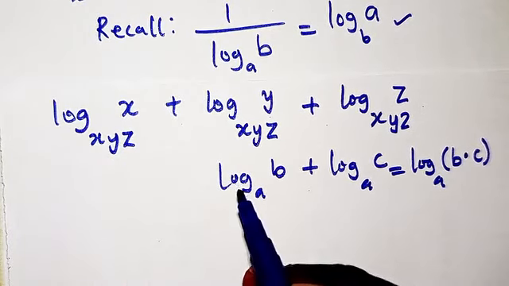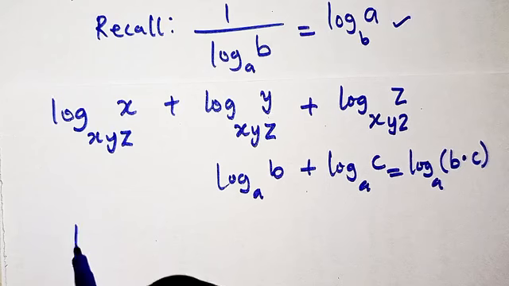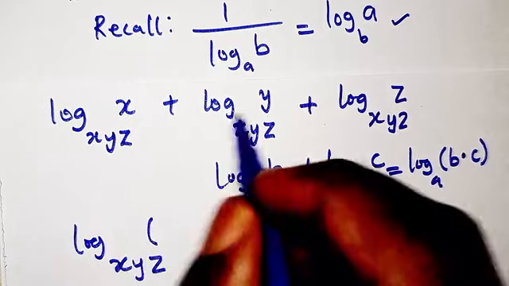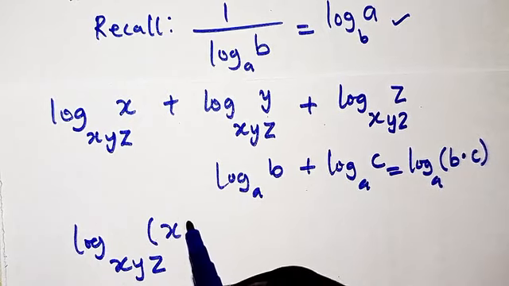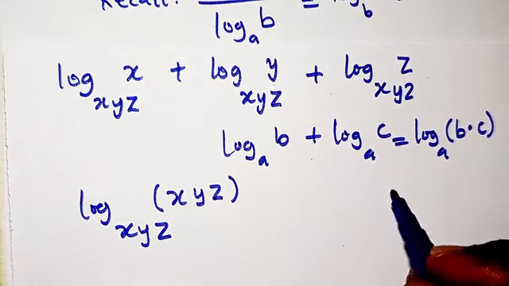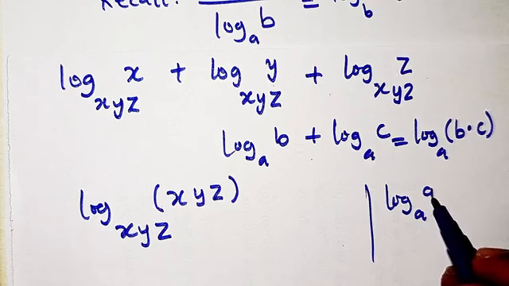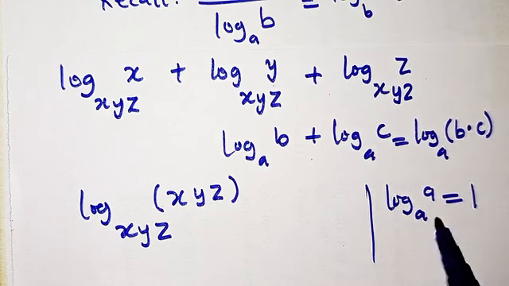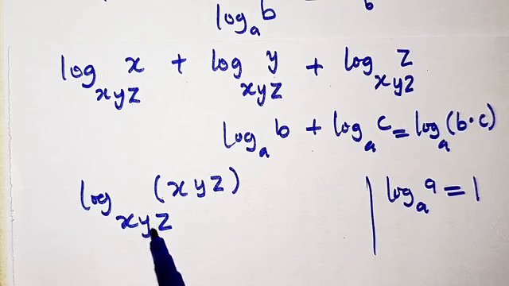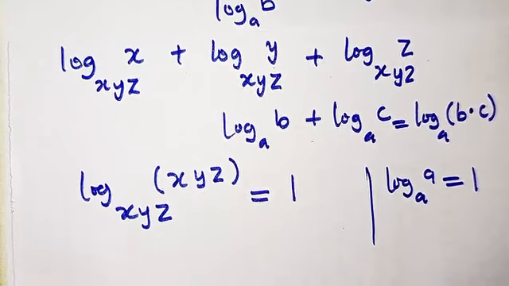Since we have the same base xyz, this is going to be log base xyz, and we multiply all of this together, x, y, z. That is the multiplication in between them. And don't forget that log base a of a gives us 1 when the base and the argument are the same. So now the base and the argument are the same here, so finally we have our solution to be 1.